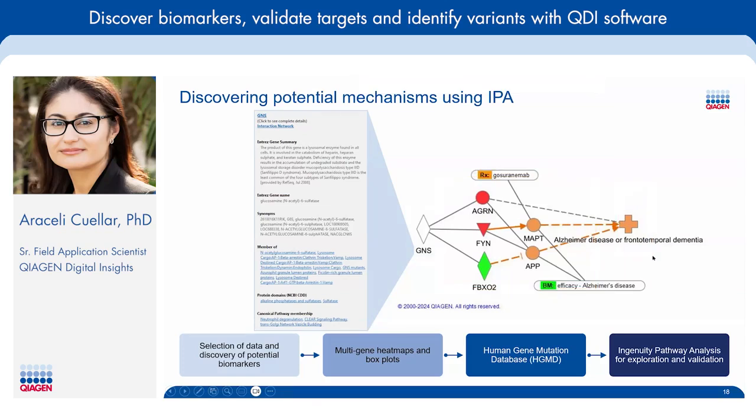And here you can use IPA's knowledge base to look for what are some of the known biomarkers or drug targets that have been used within different applications. You can easily identify them within your network.